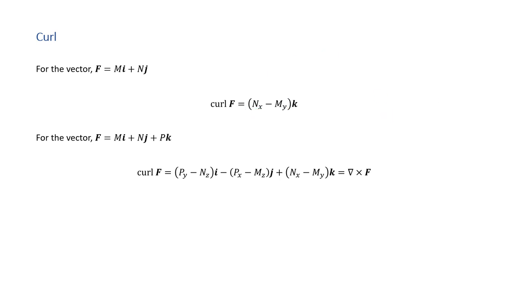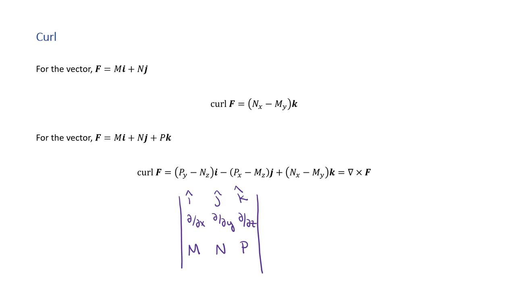Okay, so curl is Nx minus My. For two-dimensional vectors, that curl is actually going to point in the z direction. If you have a three-dimensional vector, I have this big, long formula for curl. But one way you can think about this formula, I'm not even going to read it all out loud, there's so many letters on there, is I think of this as del cross F. So you can treat this like a cross product.